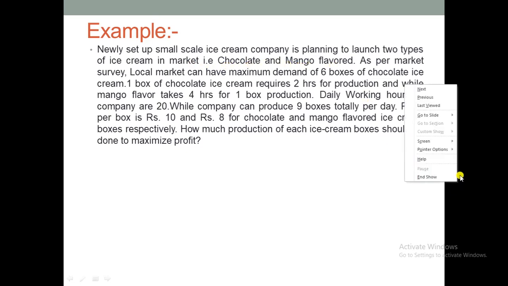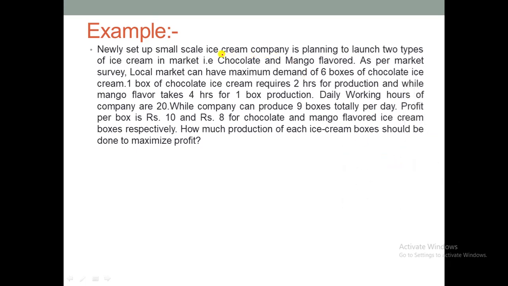So it means that a newly set up small scale ice cream company wants to launch two different types of ice creams with two different flavors, that is chocolate flavor and mango flavor. Now as per the market survey, local market can have maximum demand of 6 boxes of chocolate ice cream.